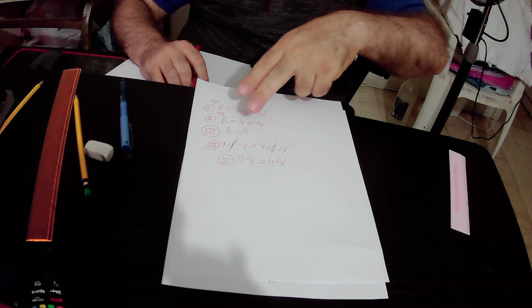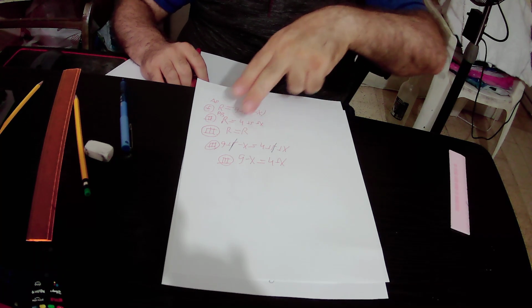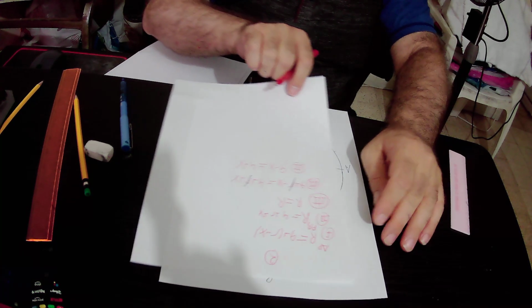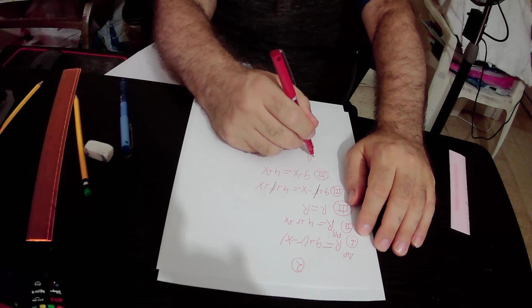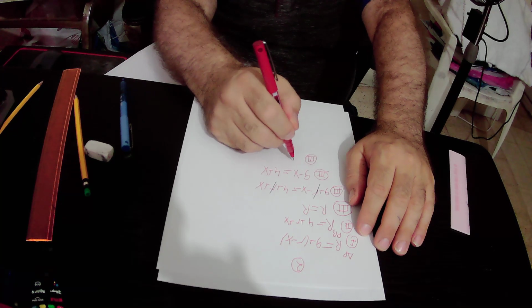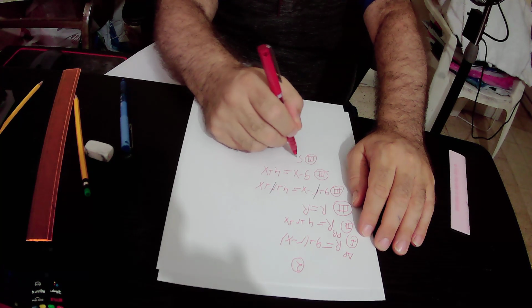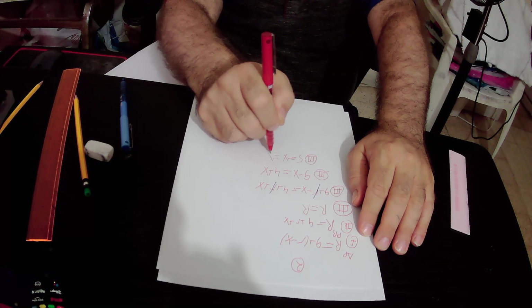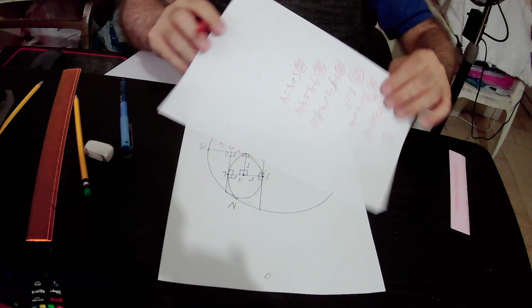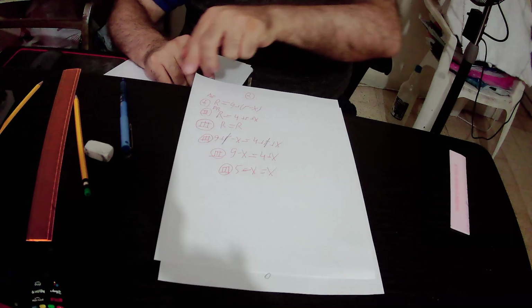Here we will subtract 4 from both sides of equation number 3, and we will get that 5 minus x equals x. We got that 5 minus x equals x.